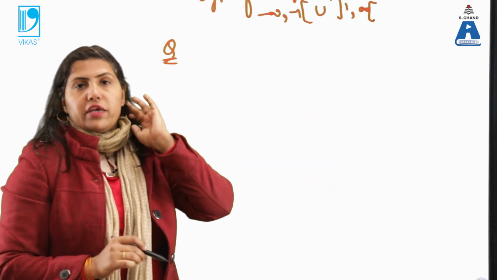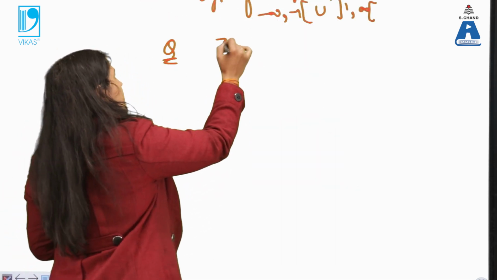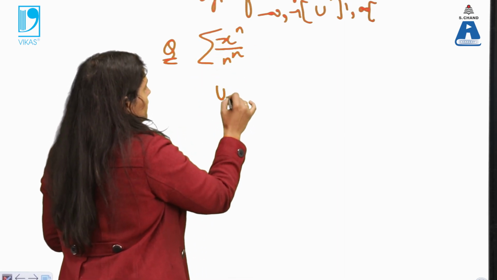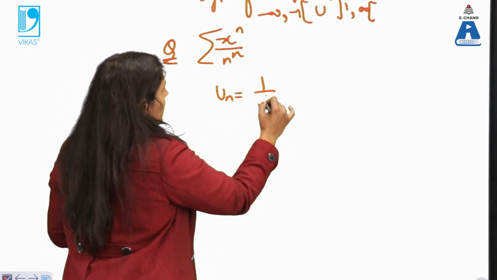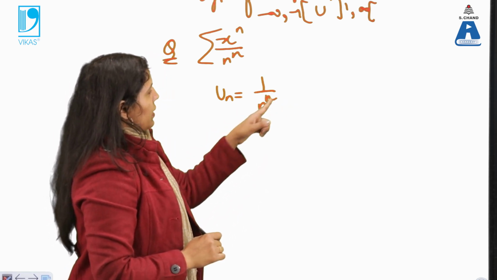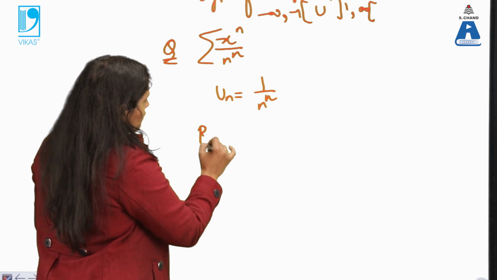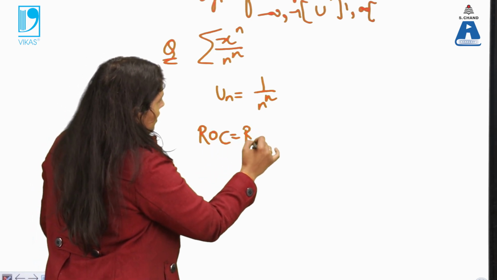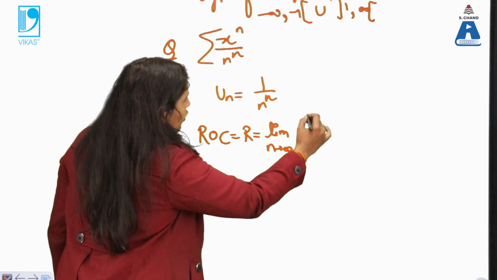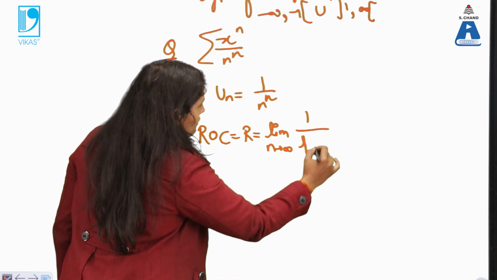So, next question based on power series, and the question is x^n upon n to the power n. So, what is the nth term here? It is n to the power n. Because the nth term is in power form, we will be applying the radius of convergence, that is our root form, and the formula is this.